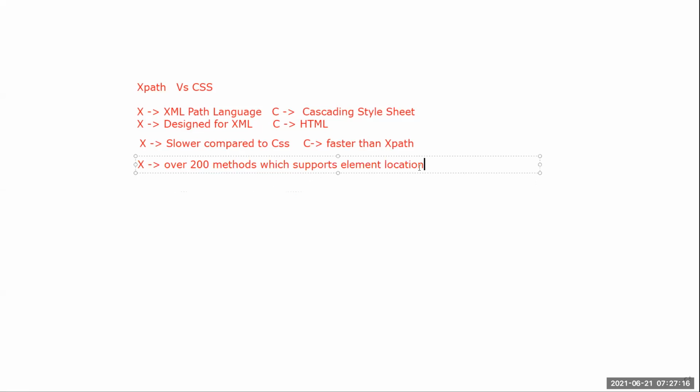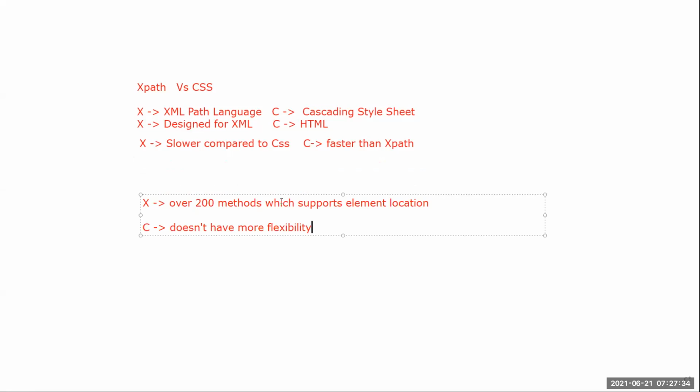Whereas CSS does not have as much flexibility. It has some restrictions. XPath has over 200 methods which support element location, whereas CSS is restricted.